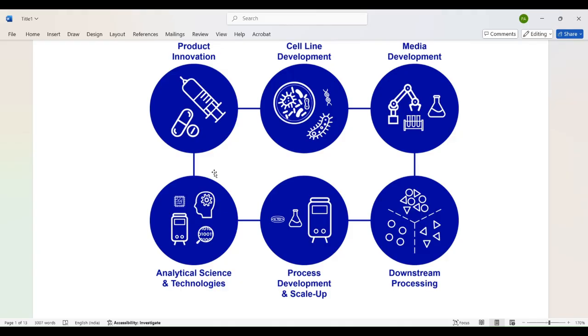Then of course bacteria will not survive without their nutritional requirements being satisfied. So we need to give them the basic media components, that is their carbon source, nitrogen source, basic nutrients, minerals, vitamins, etc.